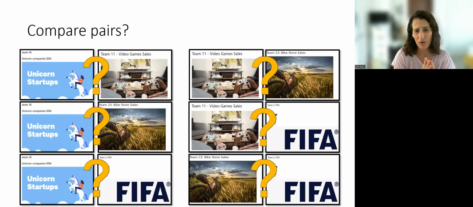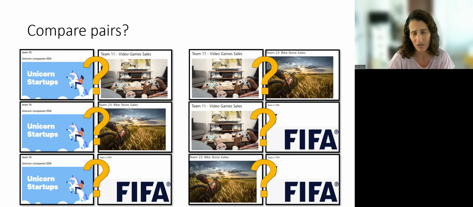If I have 5 projects, 10 pairwise comparisons, 6 projects, 15 pairwise comparisons. So here it's not a cognitive overload because people find these questions easy to answer, but we have a communication overload. I mean, people will not sit and communicate with me for so long and answer so many questions.